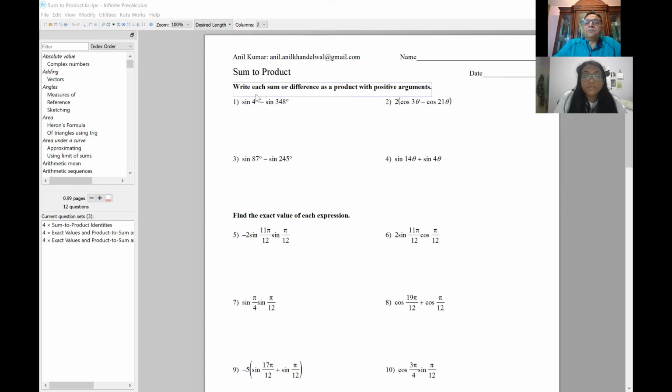However, you have to find what A plus B is and what A minus B is. The best way to find them is midway between them, right? If you have two terms, 348 is written as A plus B and A minus B is 4. If I add them up and divide by 2, what do I get?